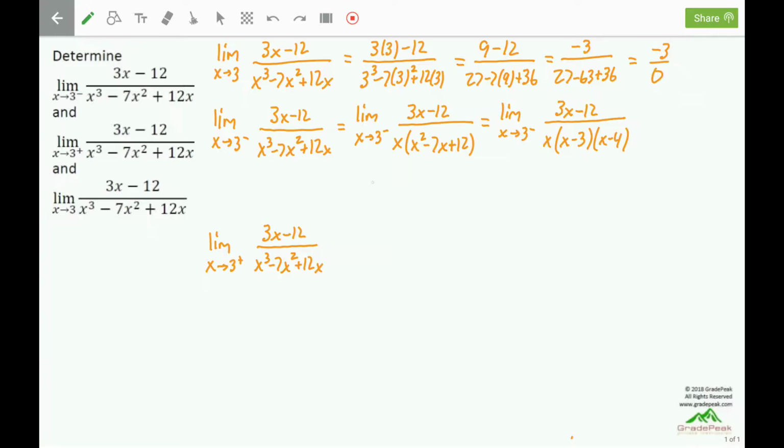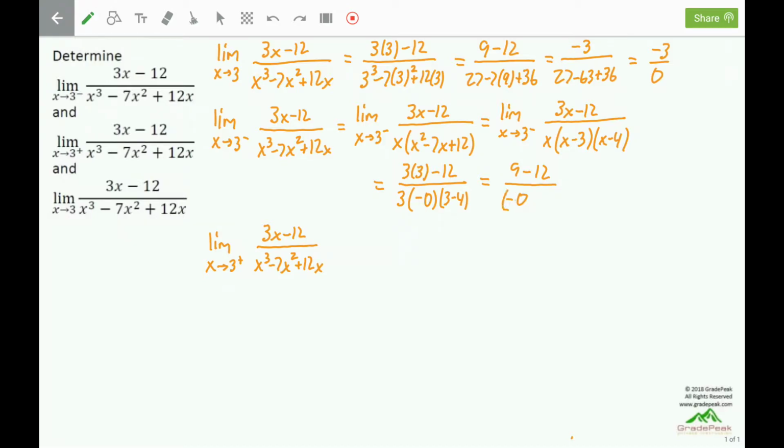That will give 3 times 3 minus 12 divided by 3 times a negative 0 times 3 minus 4. 3 times 3 is 9 minus 12, over 3 times a negative 0, which is a negative 0.